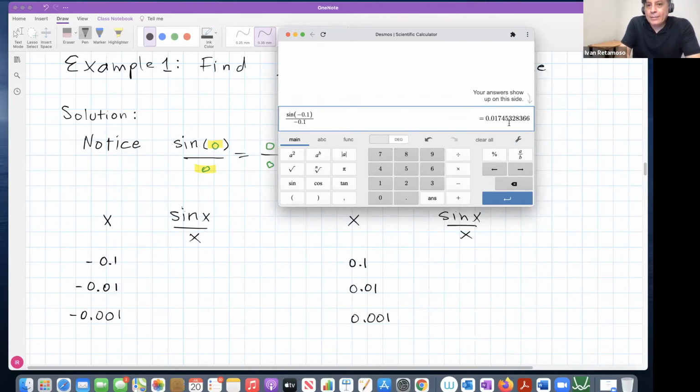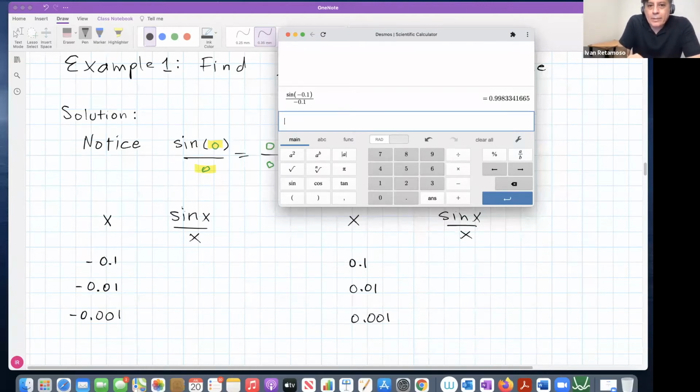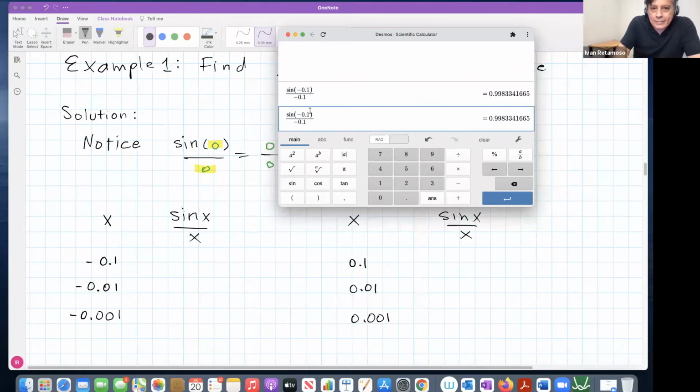This is the result if you work in degrees, but make sure you work in radians. This is the one I was looking for, 0.998, okay? This was the first computation, right? Let's go ahead with the second computation. Now, since the second computation is very similar to this, I'm going to just copy and paste this here and add a 0 here, right? 0 here, add a 0 here. Aha, look what I got.